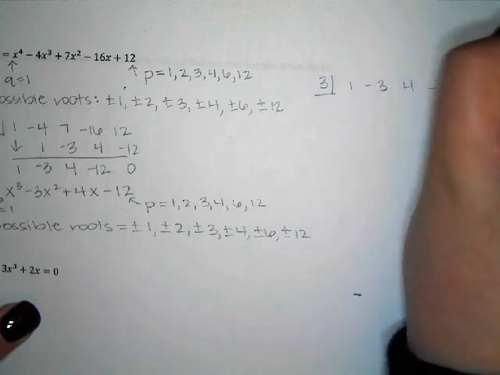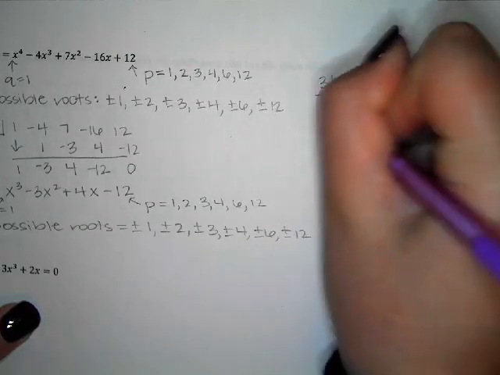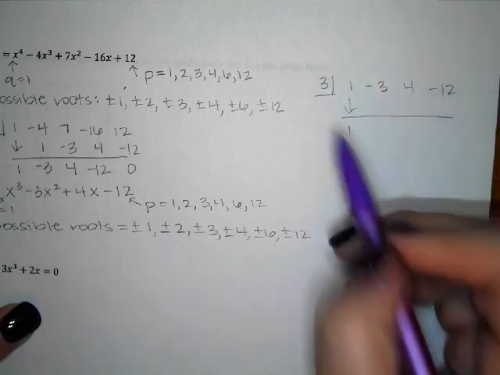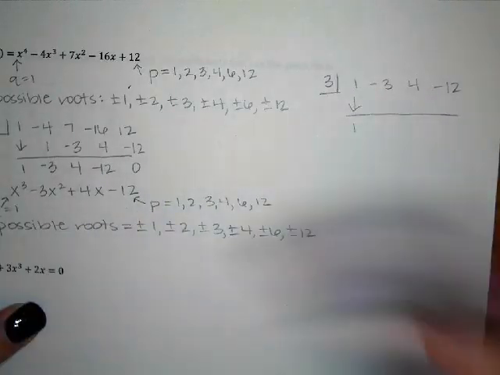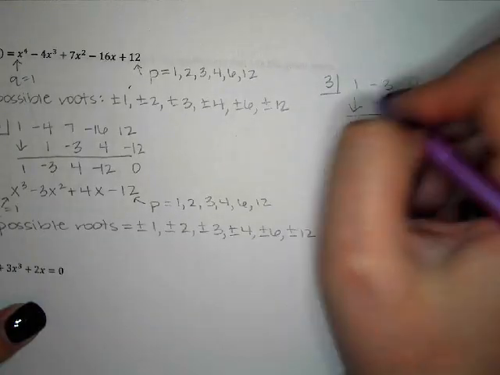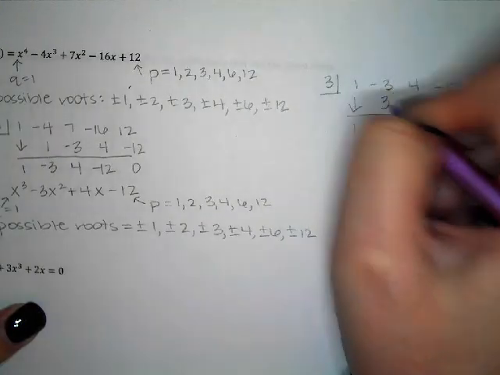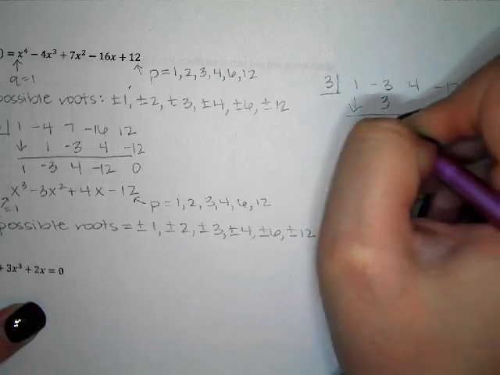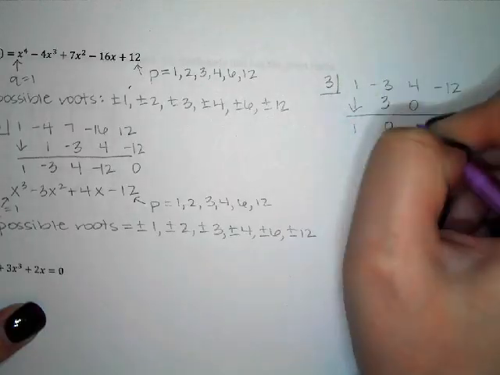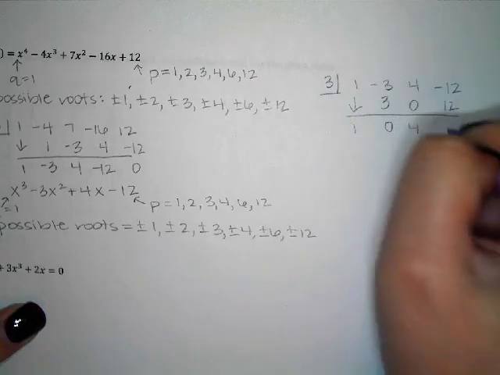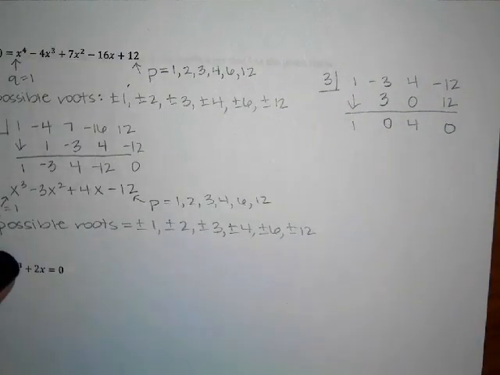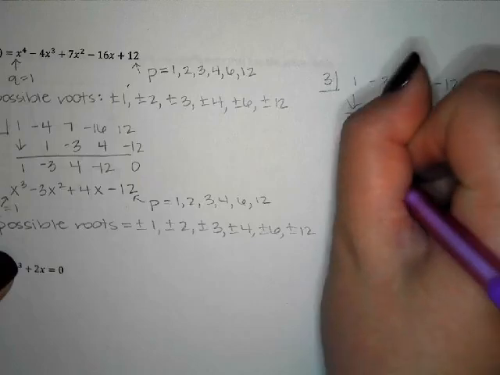So when I divide this, it's going to give me a quadratic equation that I can hopefully factor. That would be nice. 1 times 3 is 3. Those add up to 0. 0 times 3 is 0. Those add up to 4. 4 times 3 is 12. Those add up to 0. Okay, so this is x squared plus 0x plus 4 equals 0.